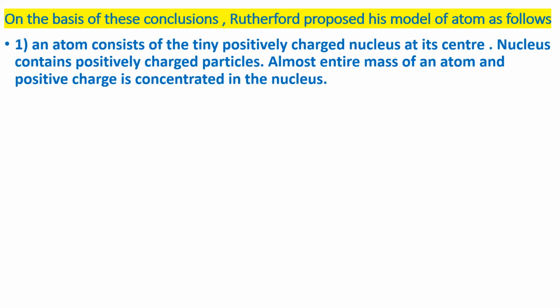Finally, Rutherford says an atom consists of a tiny positively charged nucleus at its center. The nucleus contains positively charged particles. Almost the entire mass of an atom and positive charge is concentrated in the nucleus.